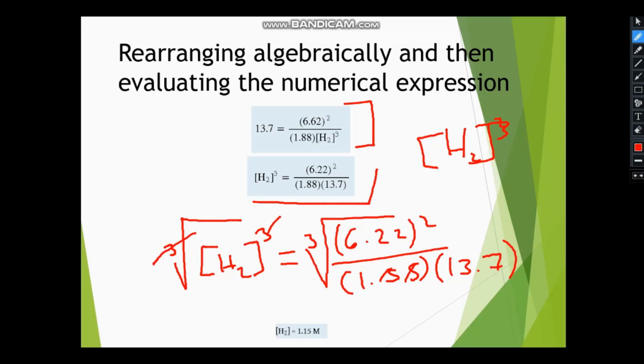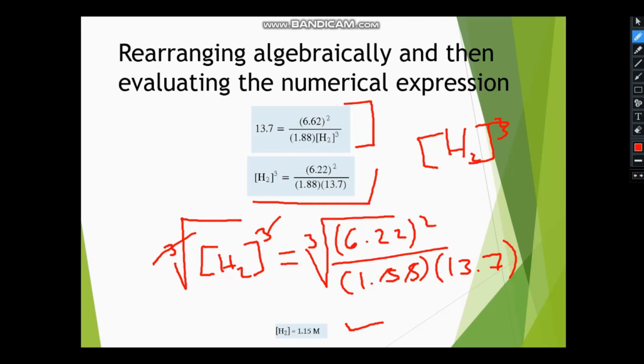So the concentration of hydrogen, if you put these on your calculator, it should give you 1.15 moles. So this is the concentration of hydrogen, and it is the missing concentration in our expression.